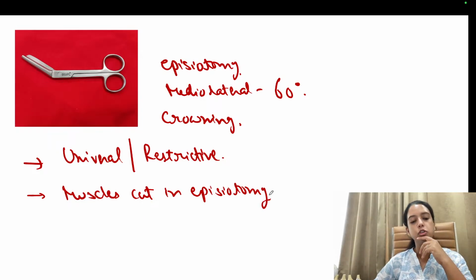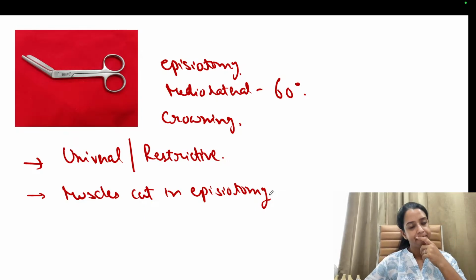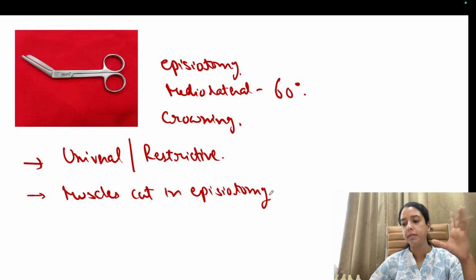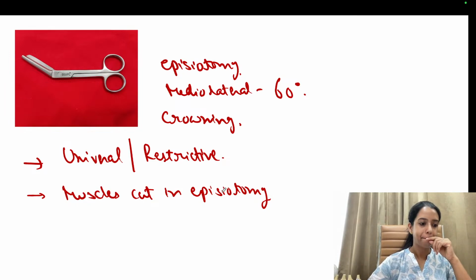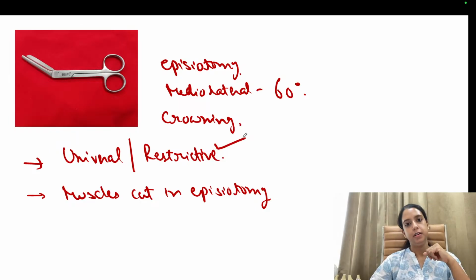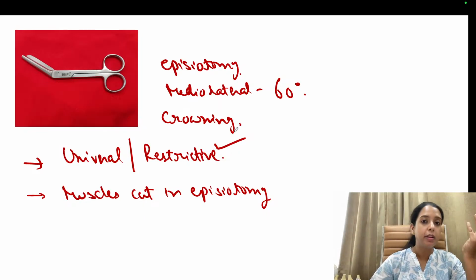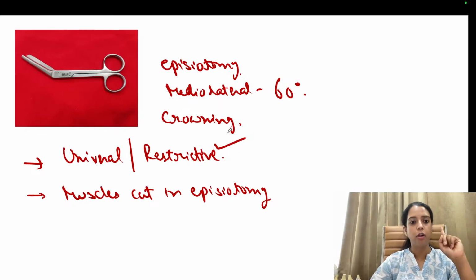What type of episiotomy should be given to women? Episiotomy should always be restrictive. There is no universal episiotomy. You don't give it in everyone, you give it in specific conditions like breech, like tight perineum, like twins. Okay, it is always restrictive.